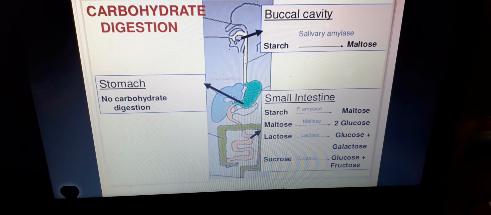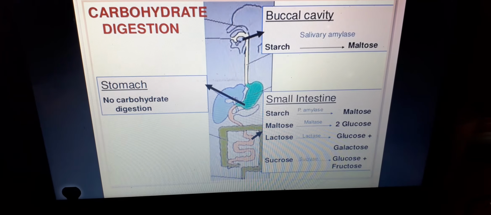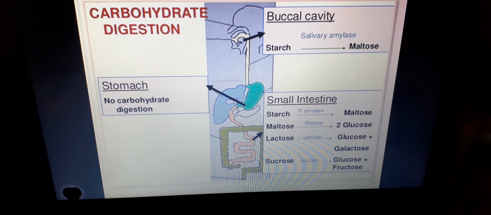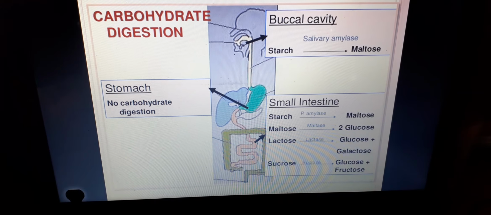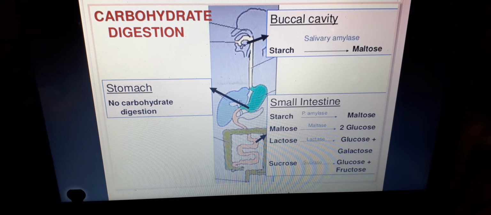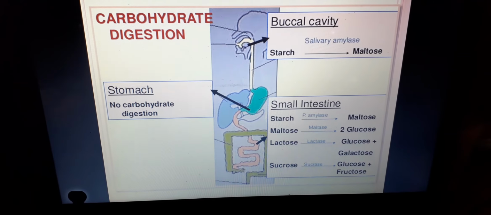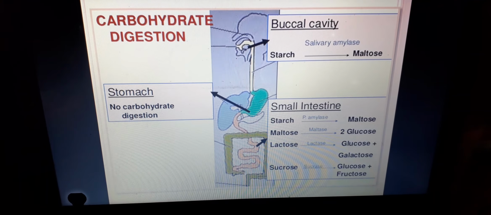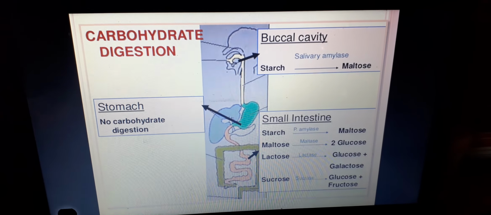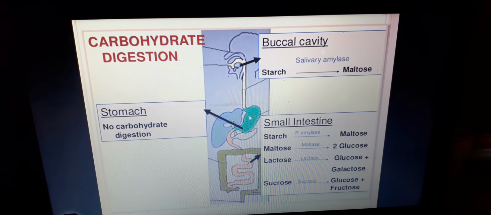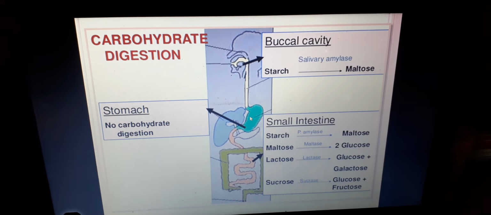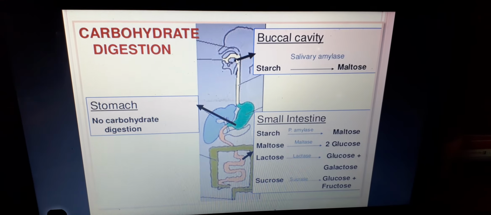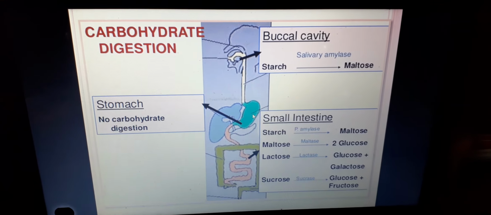Hydrochloric acid kills bacteria that might enter along with the food, and the acid makes the food acidic to promote the action of enzymes. So in the stomach it is mentioned no carbohydrate digestion, but the component digested here is protein. So first starch is digested and then the proteins.